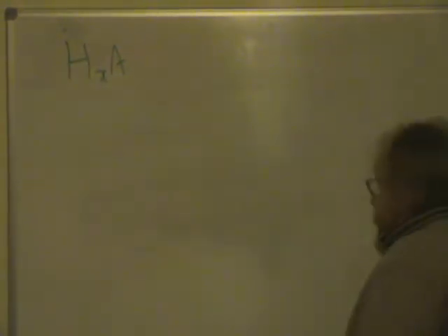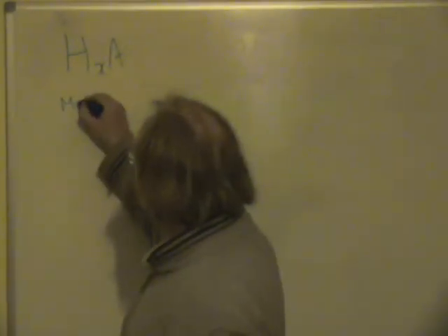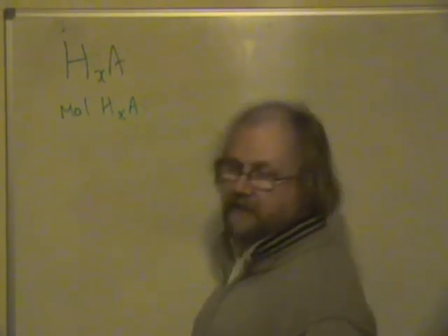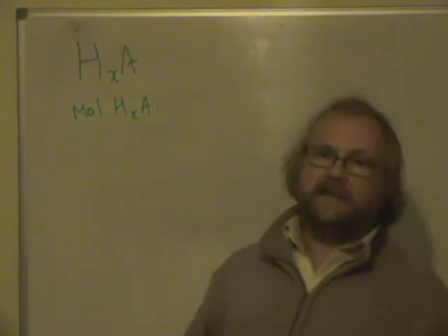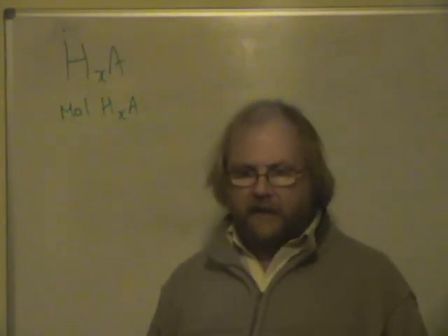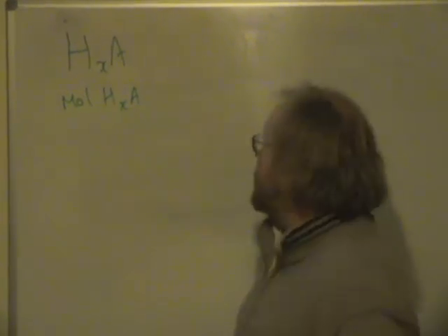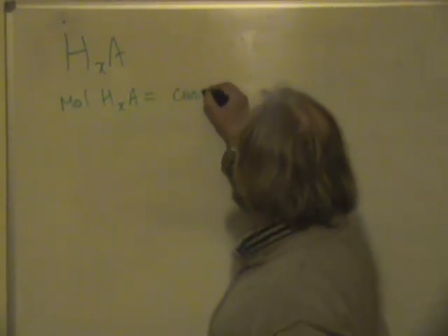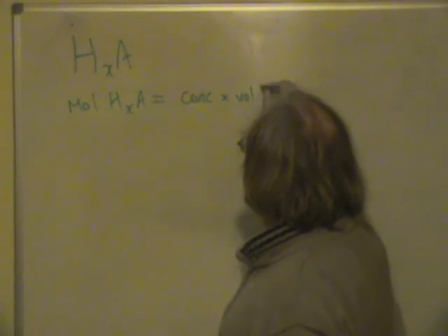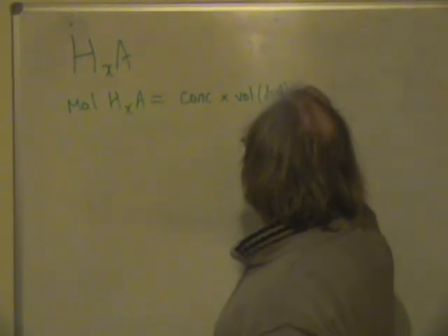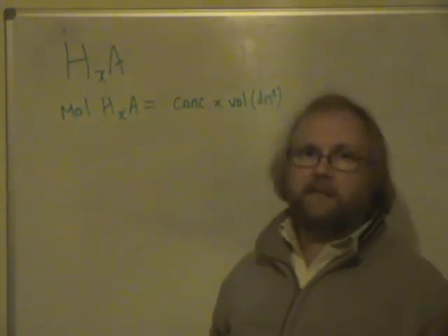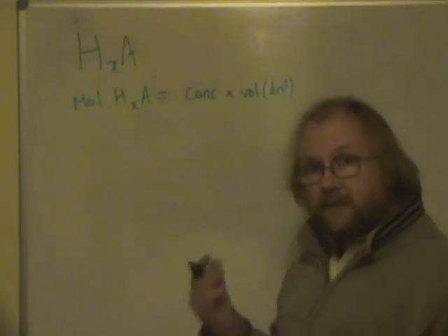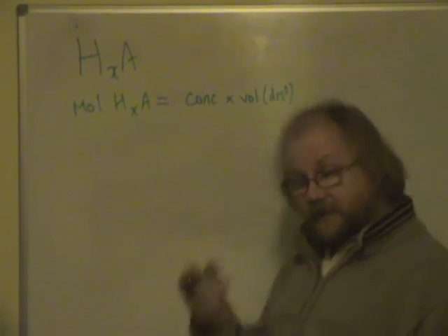And the first thing it asks you to get is the moles of HXA, the tartaric acid. When you're working in solution, as we are here, what you should expect to use is moles is equal to concentration times volume in dm cubed. So it's absolutely essential, first of all, that you remember that relationship, get it the right way round, and that you think of using it when there's solution chemistry.